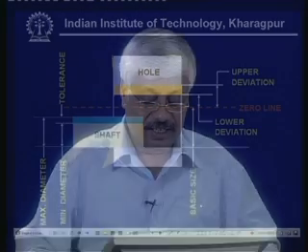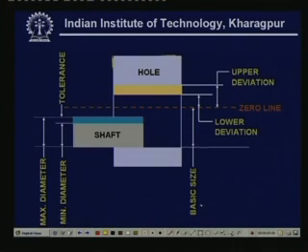Machining has a typical implication that we will see later, but here I am speaking loosely: we are just saying that it is being manufactured through machining. While considering the dimensions of the shaft or the hole, you have machined a hole of this size and a shaft of this size.